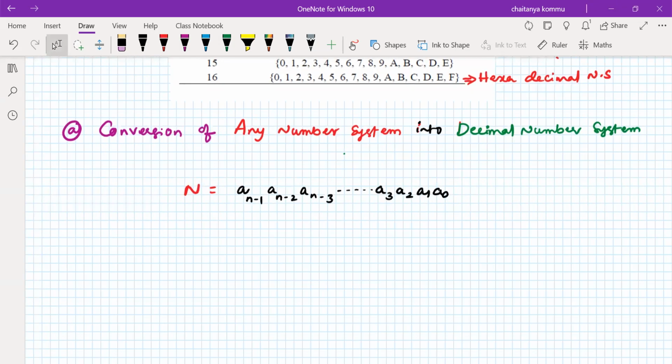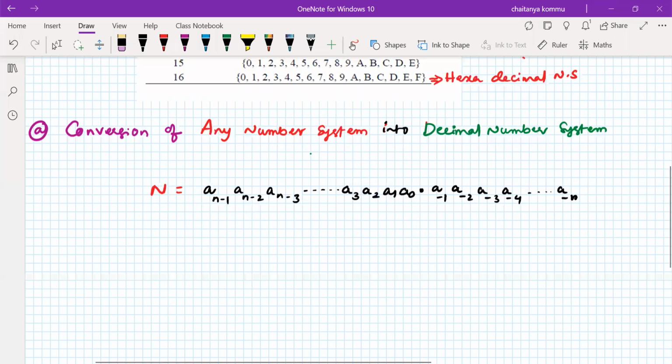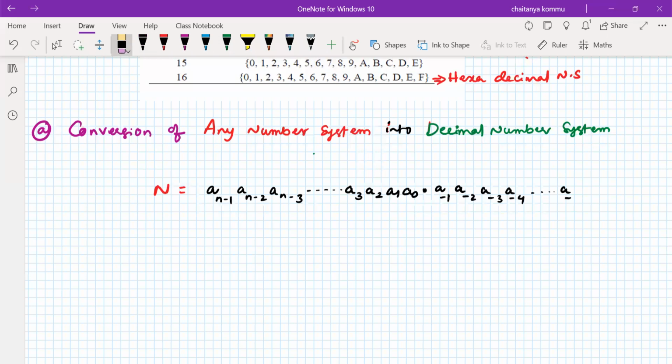We can represent it with the digits as coefficients. Then comes a point, and it is possible to write a fraction also: a of minus 1, a of minus 2, a of minus 3, a of minus 4, and so on up to a of minus m.